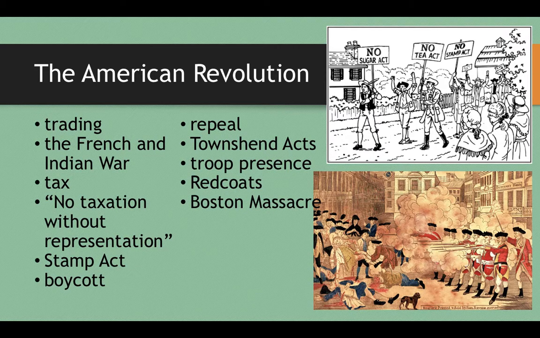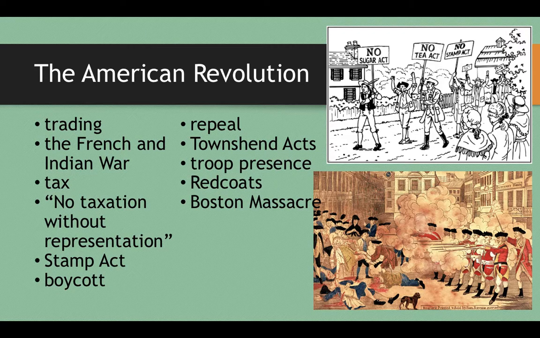So angered by the presence of troops and Britain's colonial policies as well, a crowd formed in Boston, and they started to harass a group of British soldiers that were guarding the customs house. They started to throw snowballs at them because it was in the middle of winter, and a British soldier was knocked down by a thrown snowball, hit him in the face, and as he was falling to the ground, he accidentally discharged his weapon.